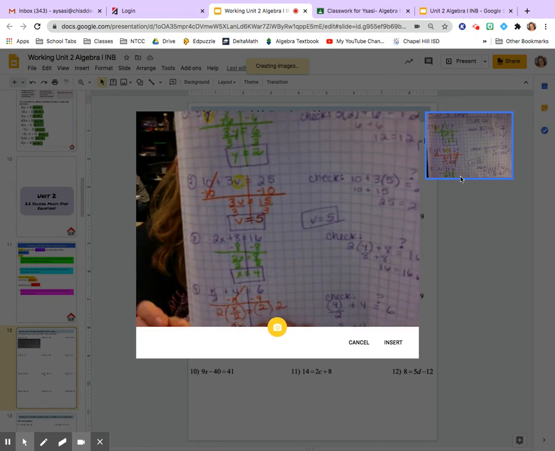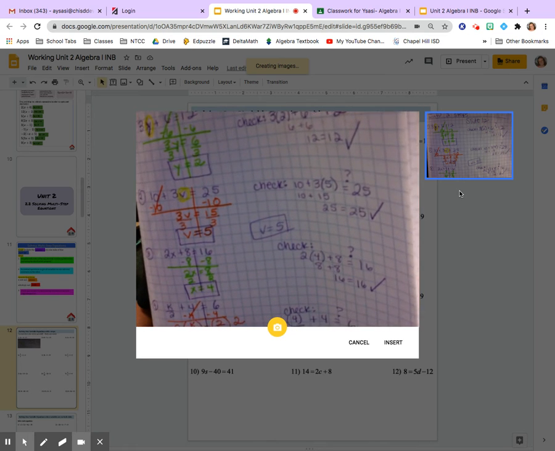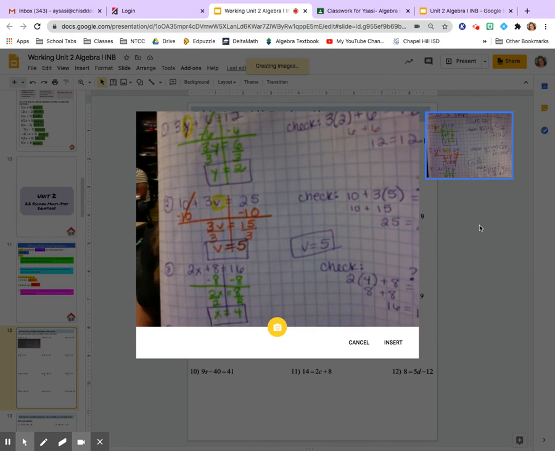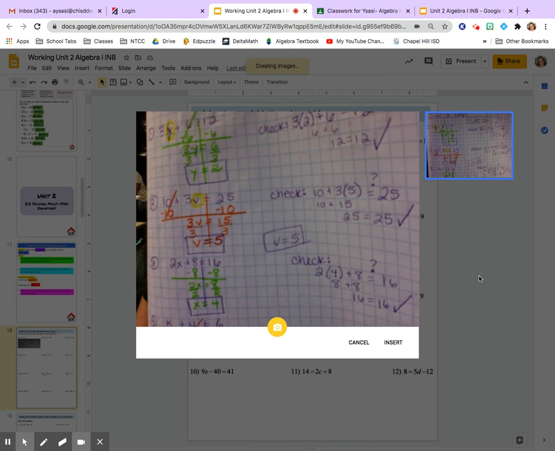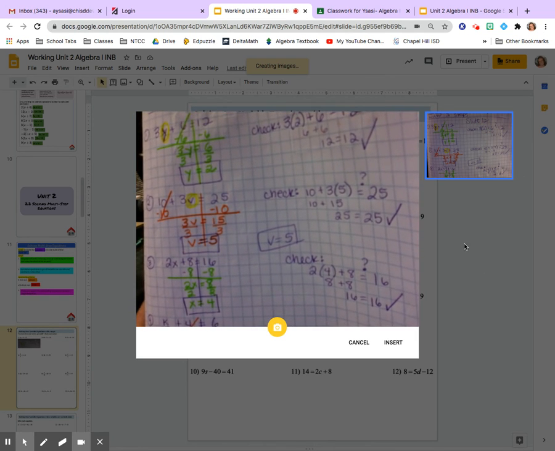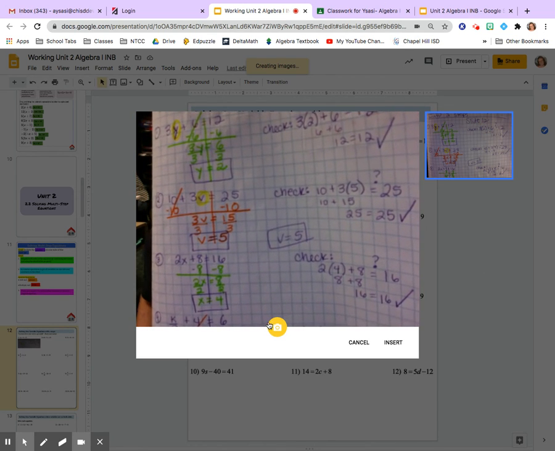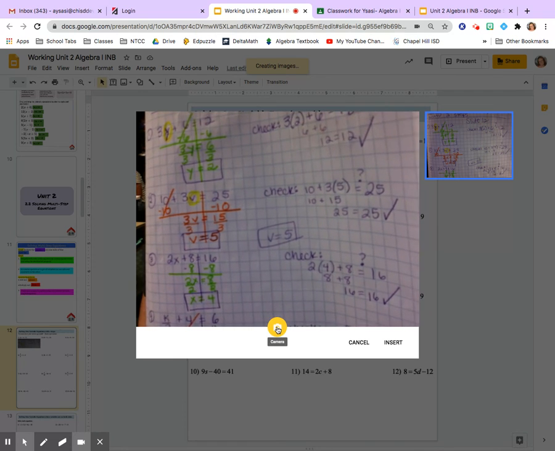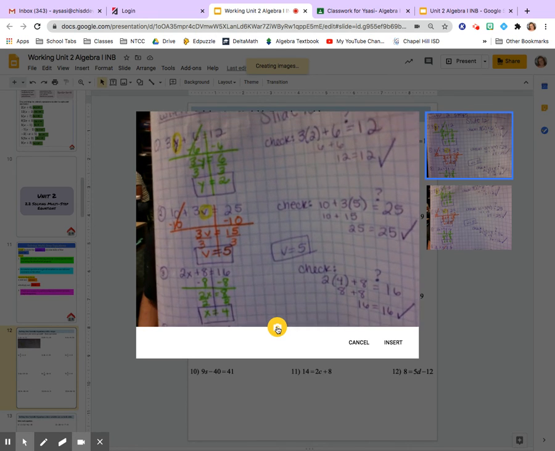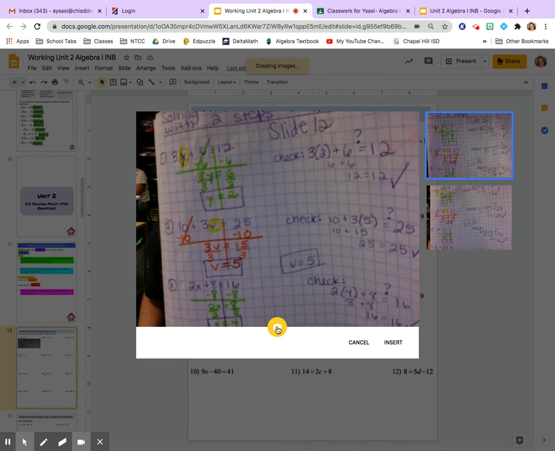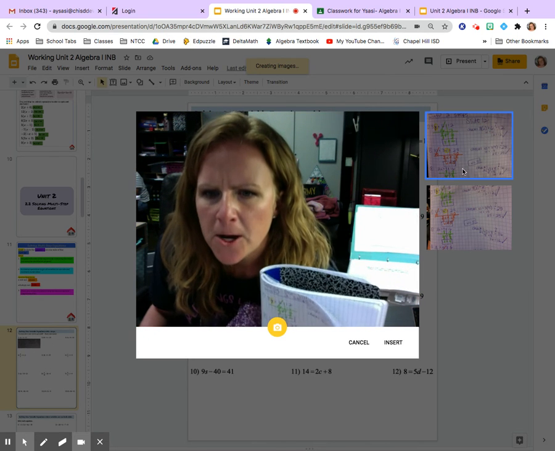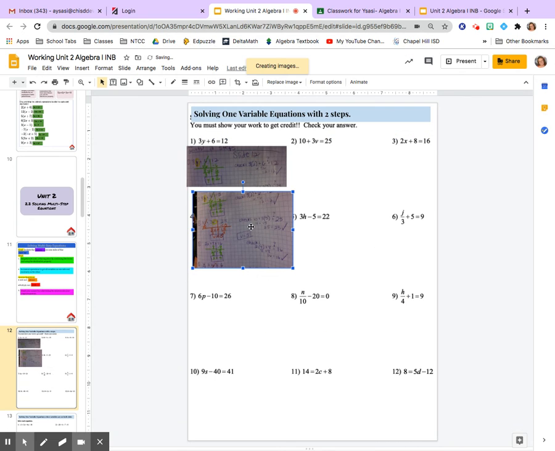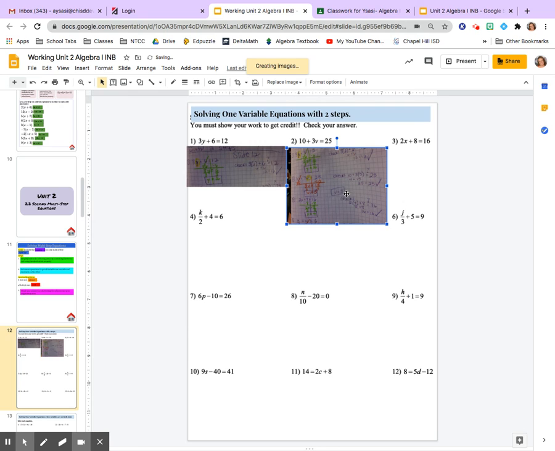We're going to do them each individually. Sometimes you have to turn it different ways. Oh, that wasn't 2, that was 3. No, that was 2. Okay, so click on 2, Insert. And you can crop it so that you can just put in 2.